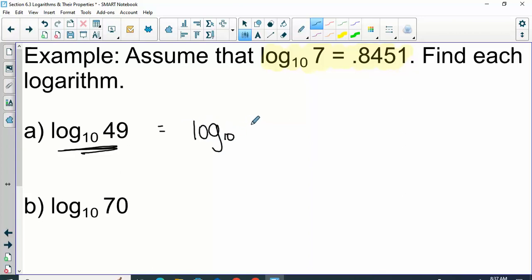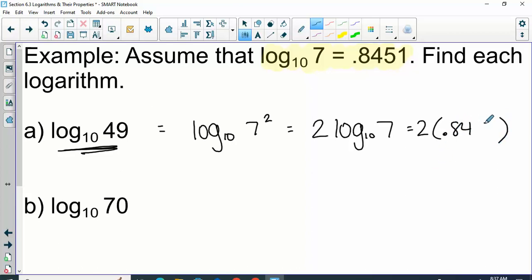Okay, you could write 49 as 7 times 7 or 7 squared, either one. If I write it as 7 squared, property of logs, what happens with that square? So we have 2 times, what decimal did I tell you to use for log base 10 of 7?